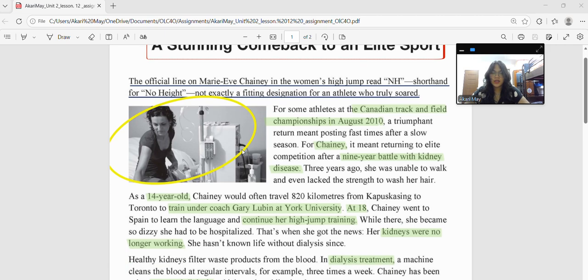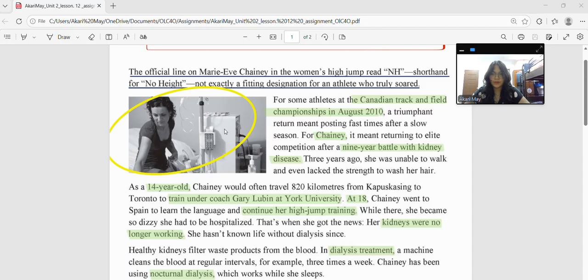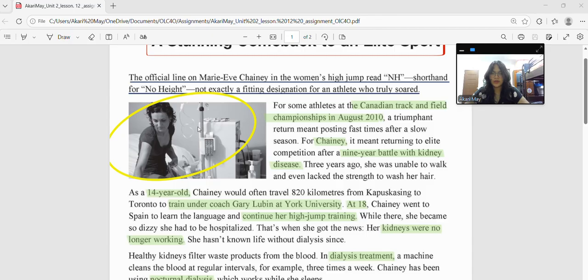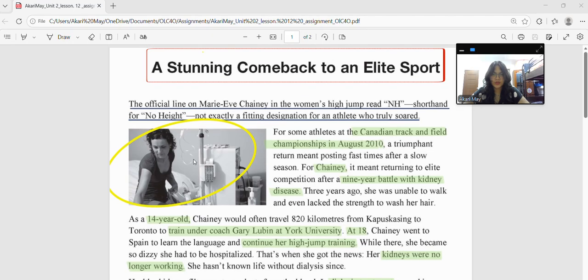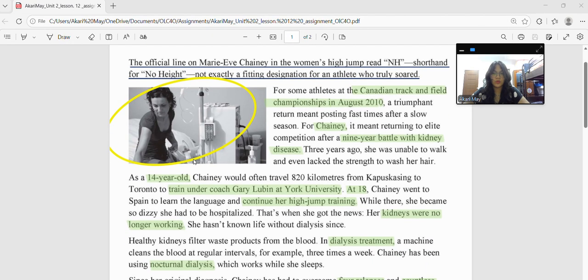So another thing is to look at the pictures, because there's no subheading after the heading. So we have to look at the pictures first. From the pictures, I suppose that this woman is the main character of the story we're reading.